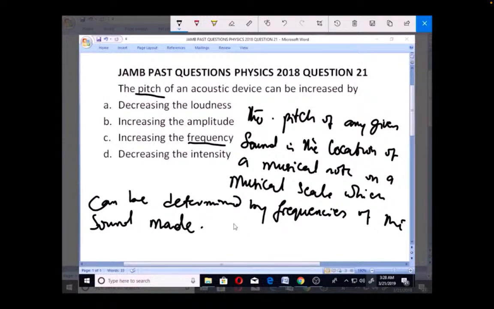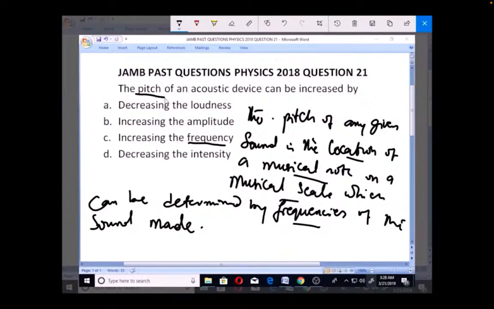So when you want to get a pitch of a sound, it has to be located by taking note of the location of the musical notes in a musical scale. And this musical scale is actually determined by the frequencies.